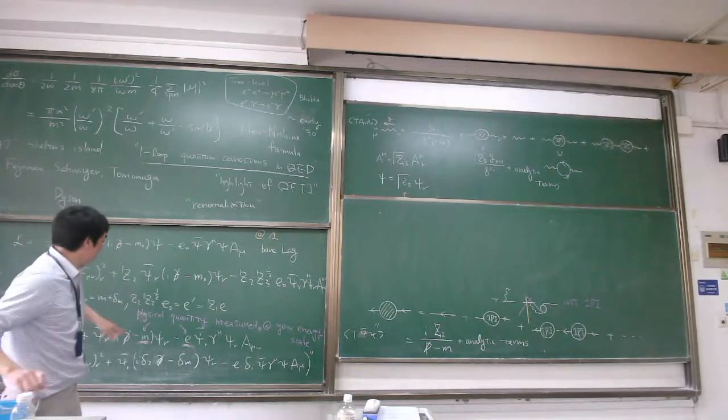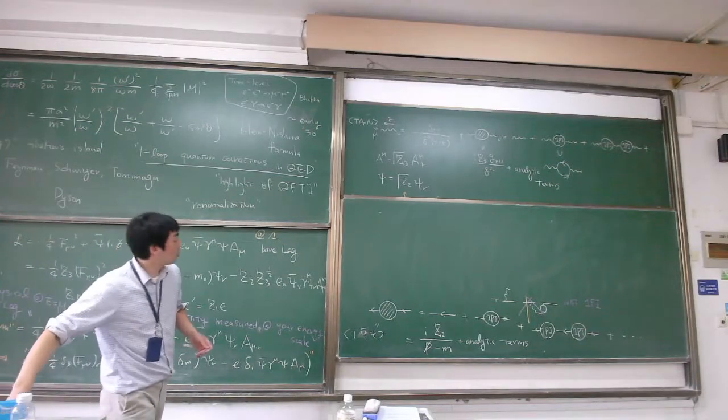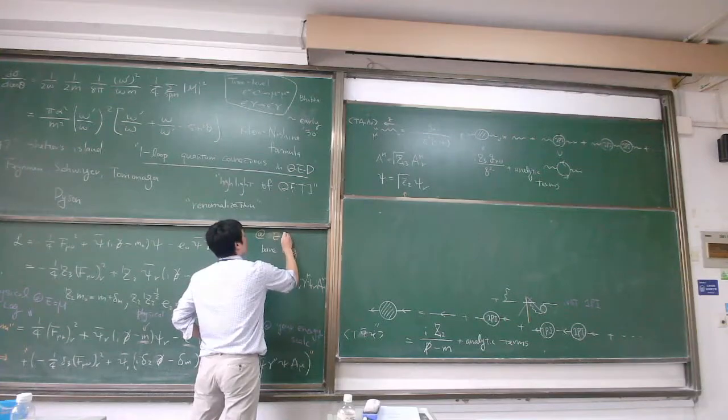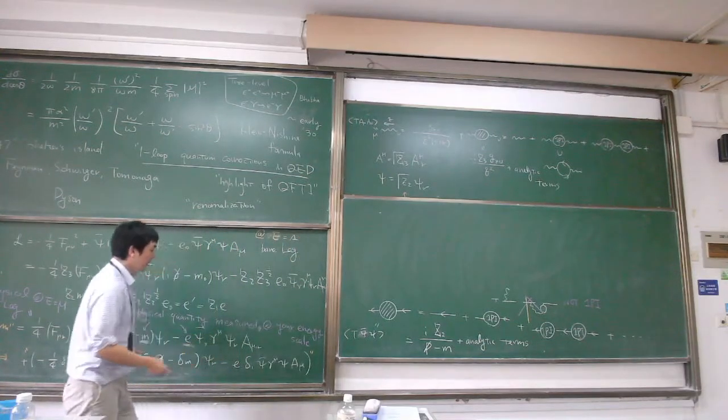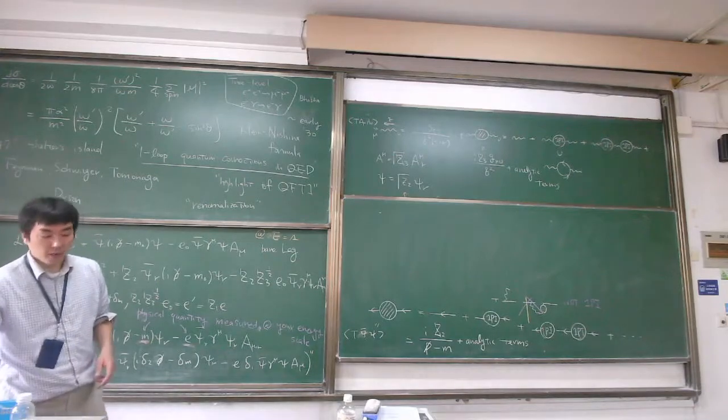The first one is the physical Lagrangian measured at the energy scale equal to mu, and this energy scale is equal to the Lagrangian, E is equal to lambda. And the second one is the difference between lambda and mu. That's the counter term.